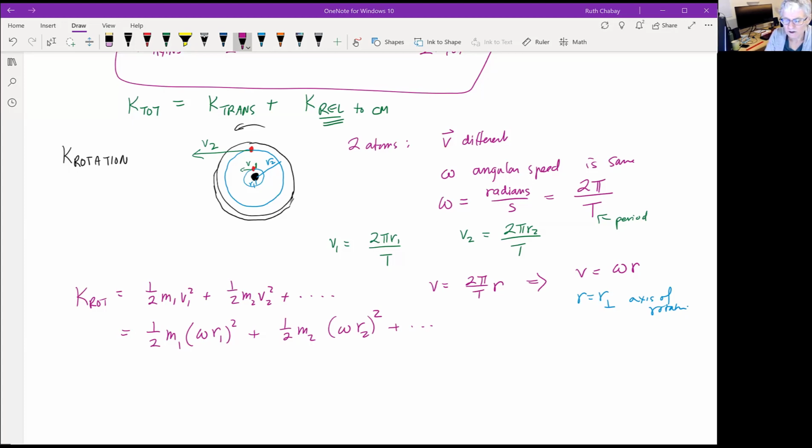If we factor out the omega, we get a half times m1 r1 squared plus m2 r2 squared, times omega squared.